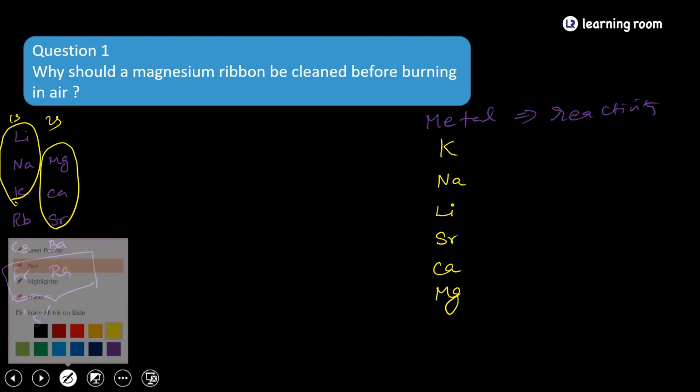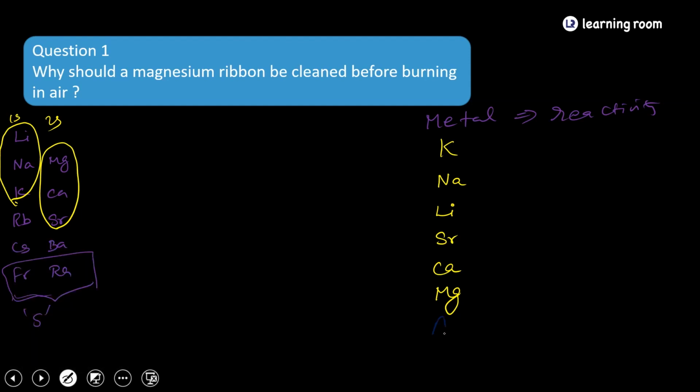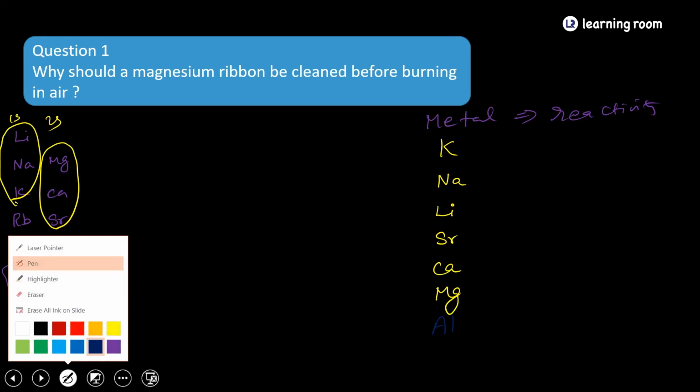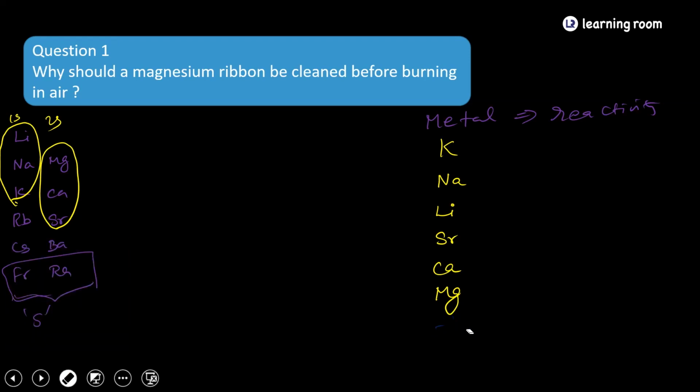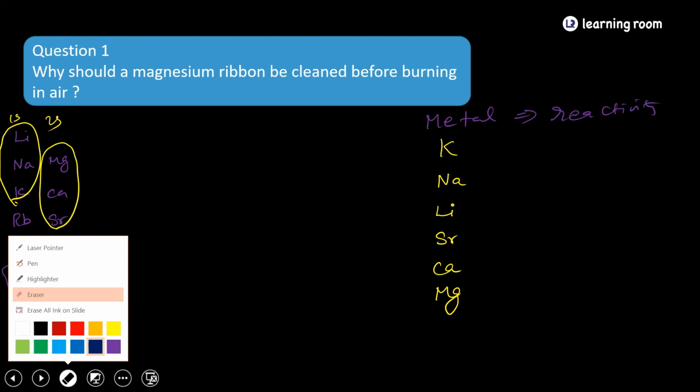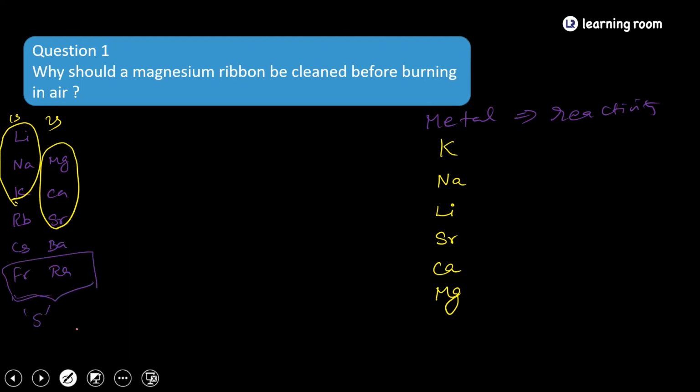Next will be aluminium, carbon, zinc, chromium, iron, cadmium, copper, nickel, tin, lead.